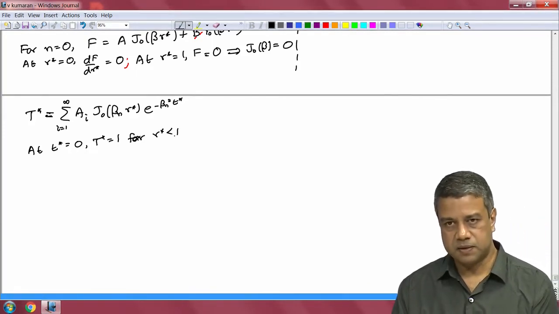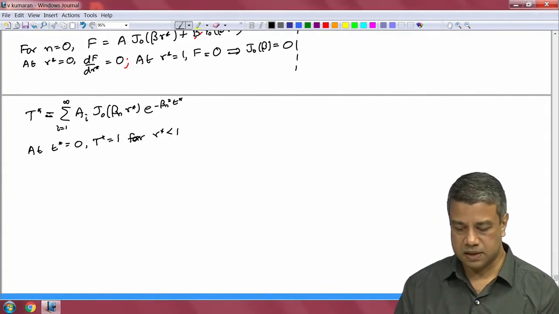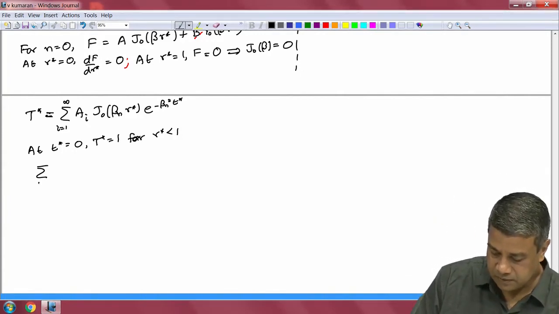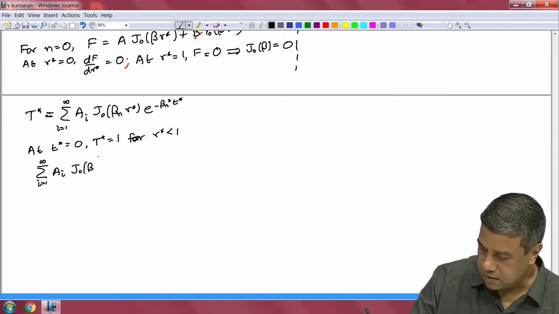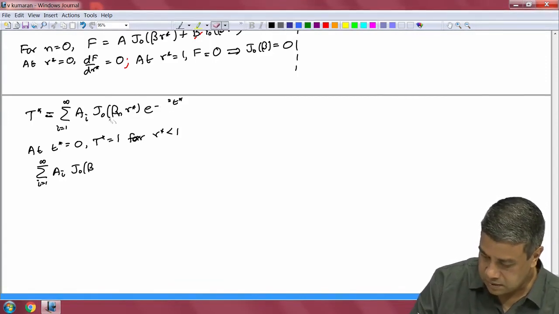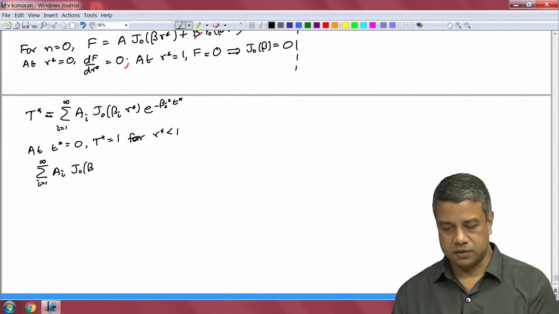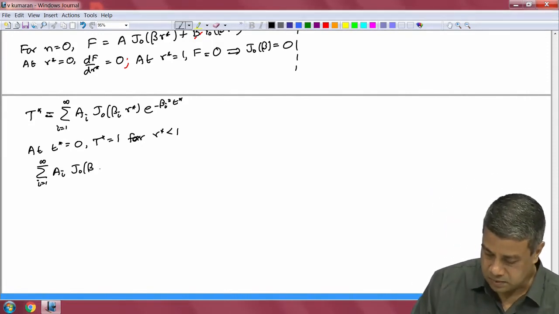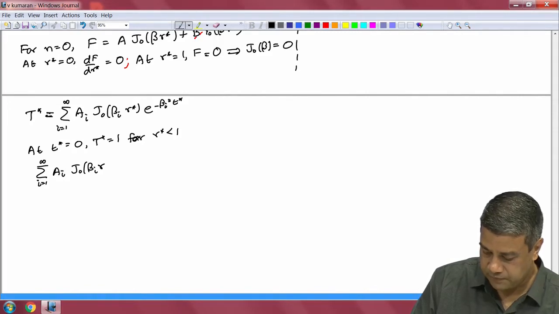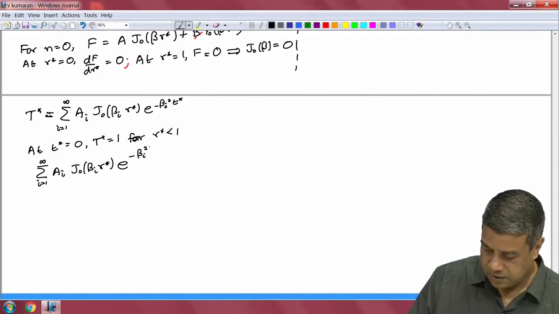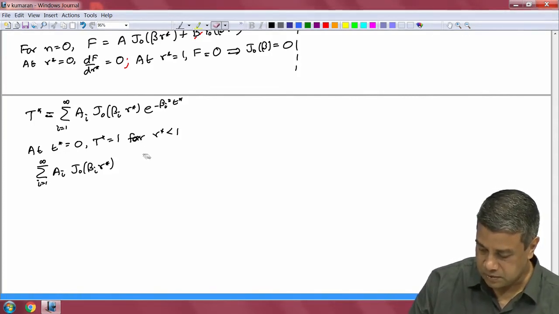Substituting T star equal to 0, I will get the summation over i of a i j naught of beta i r. I use the index i to make it consistent with what we had done for the Cartesian coordinate system. At t equal to 0, this exponential is all equal to 1.